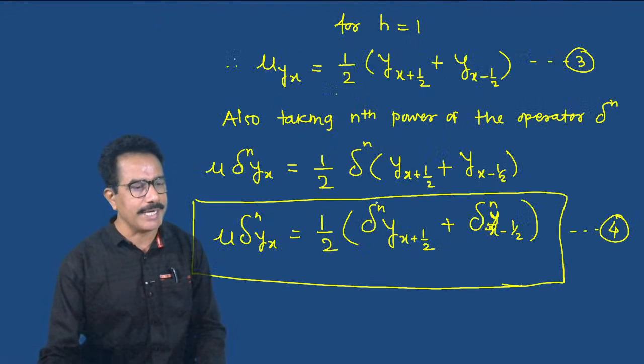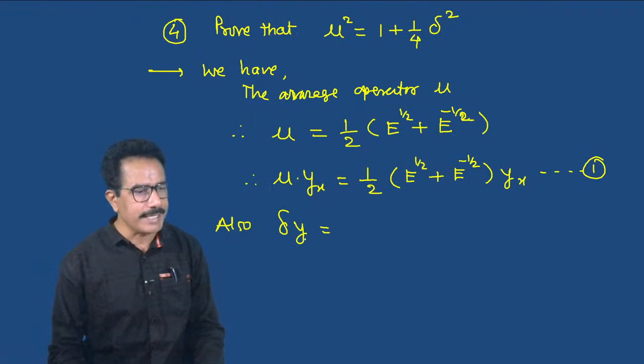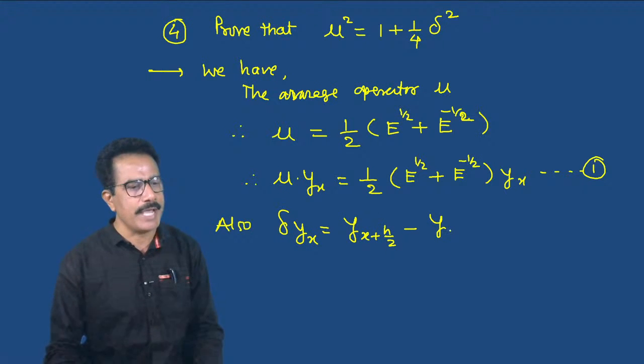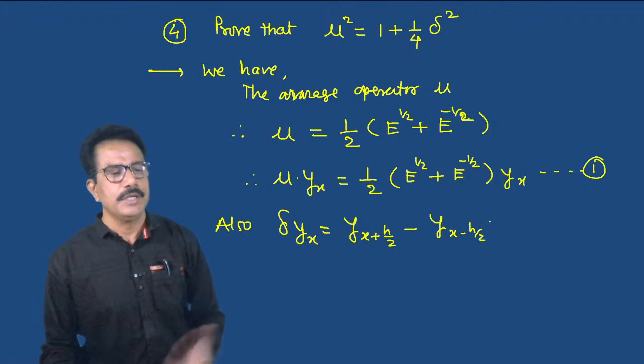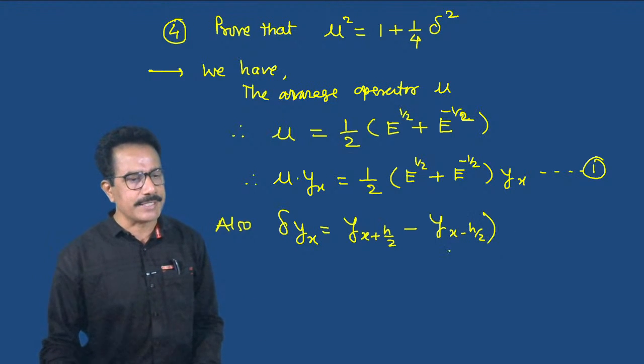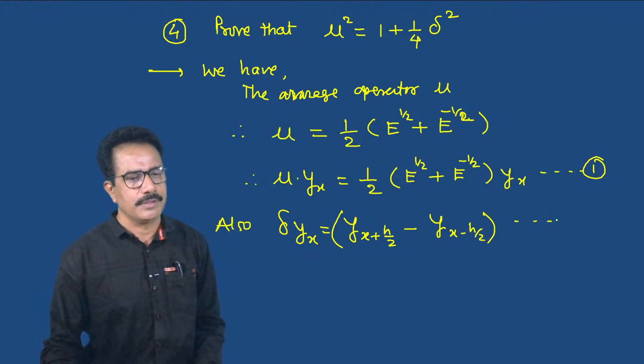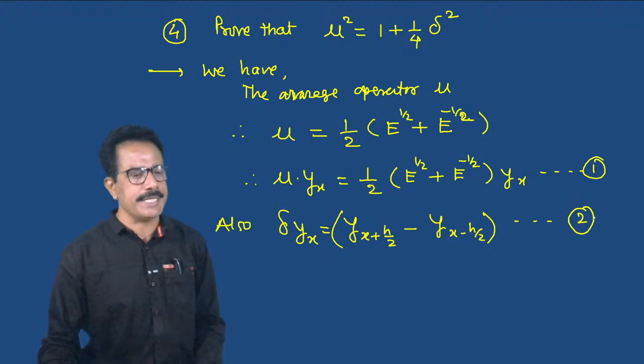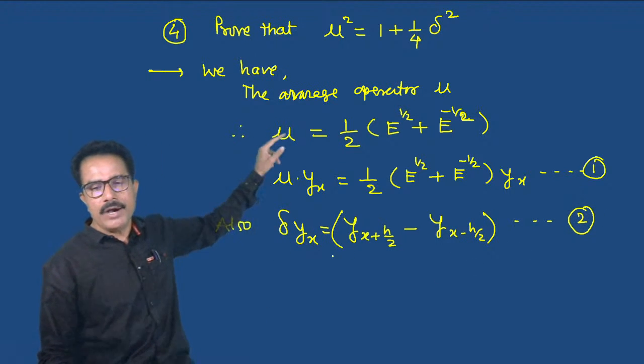So we can write delta yx equals y of x plus h by 2 minus y of x minus h by 2. So this is our delta yx. There is no problem. Equation second.